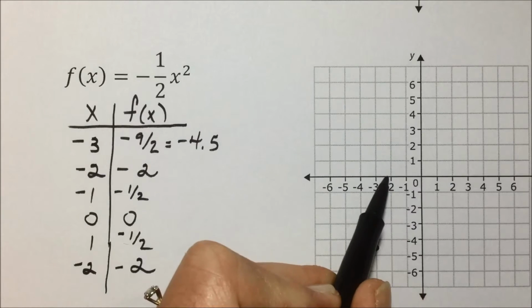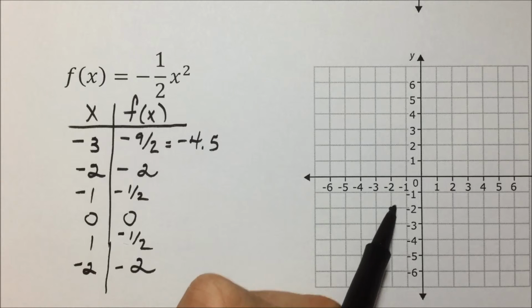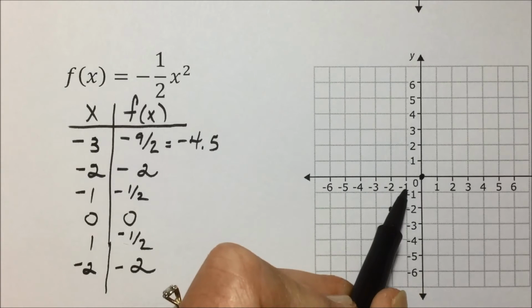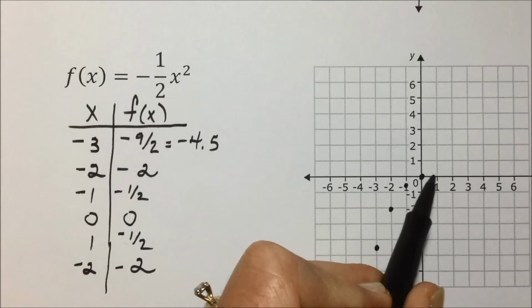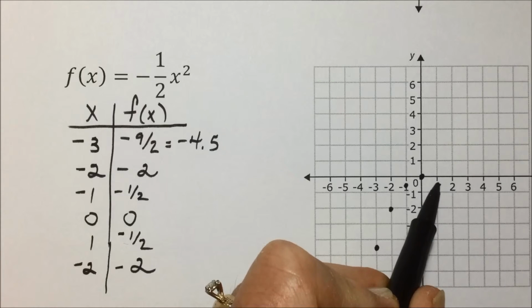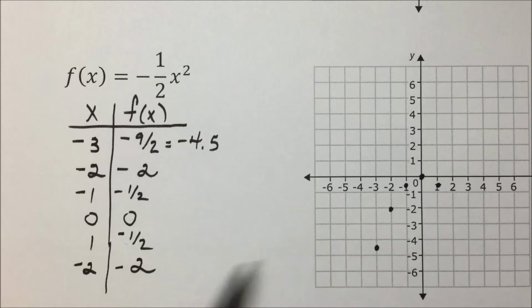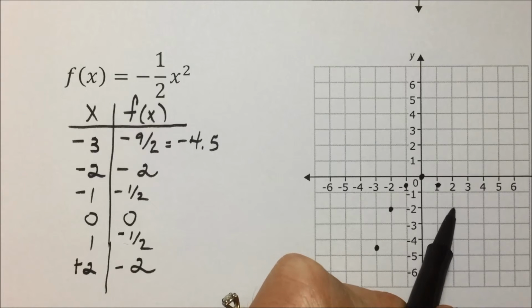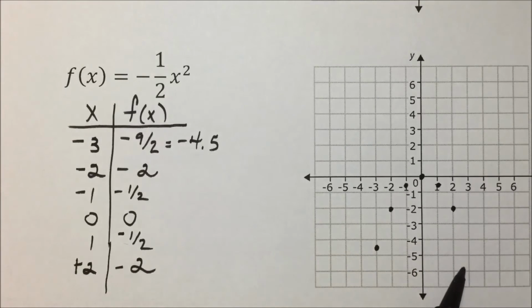The ordered pair, -2, -2. The origin, I guess I skipped over my -1, -1/2. +1, -1/2. I meant this to be a +2, plugged in gives us a -2. So +2, -2, and if we put a 3 in, we'll end up here at -9/2, or through reflection.